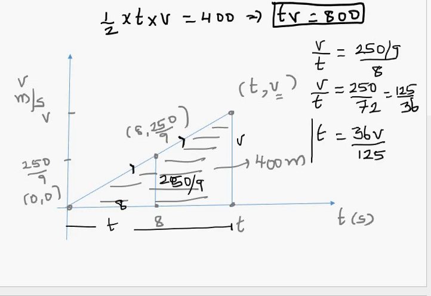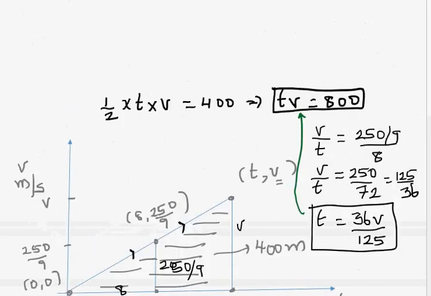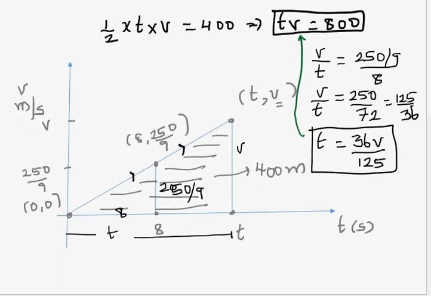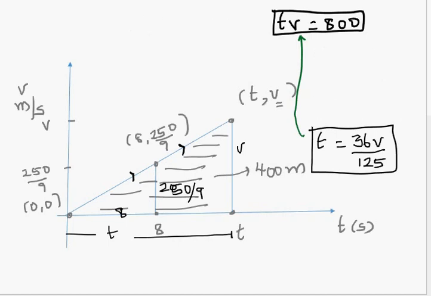I'm making t the subject because I want velocity. Now I'm going to put this value of t into this equation. Let me remove this so I've got some working space.